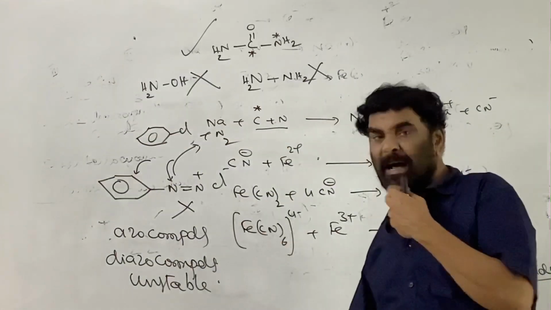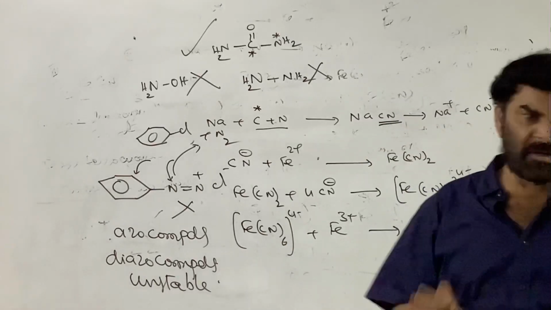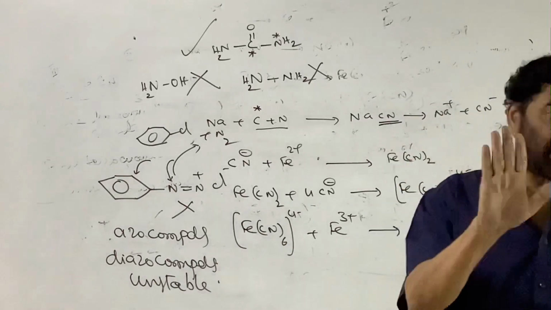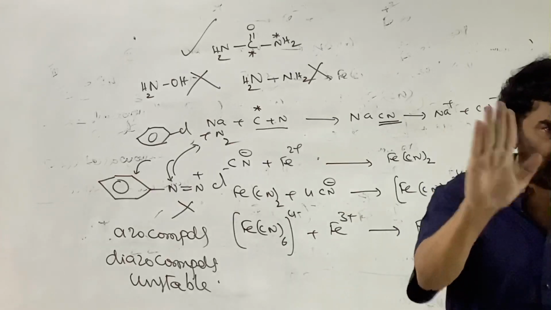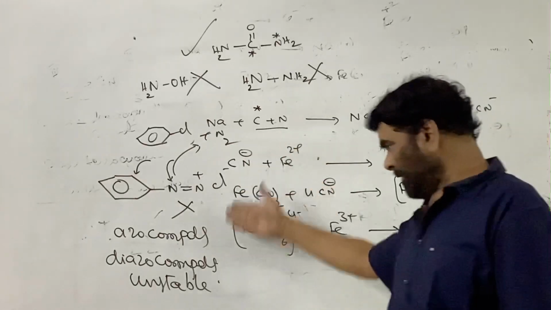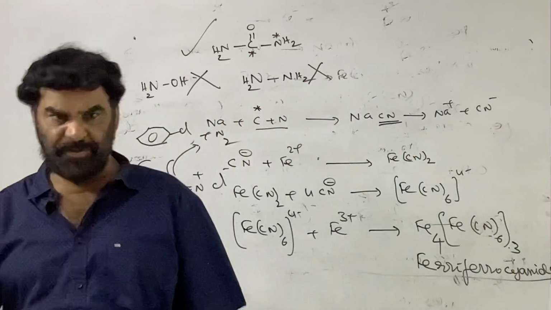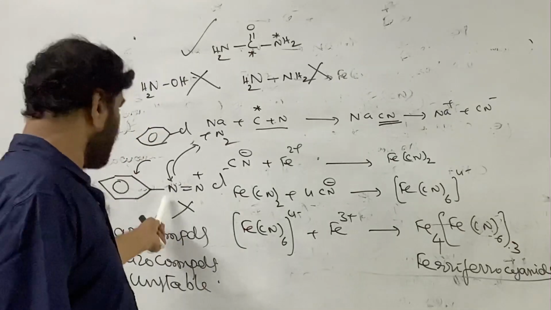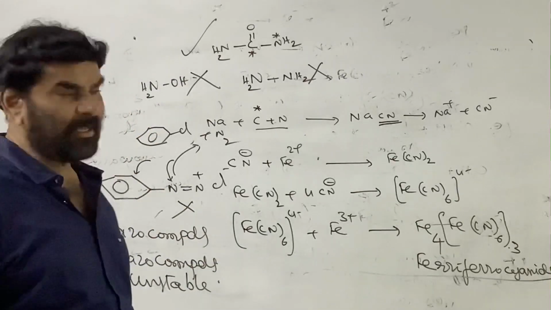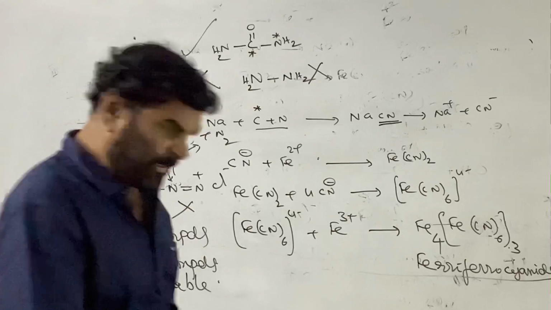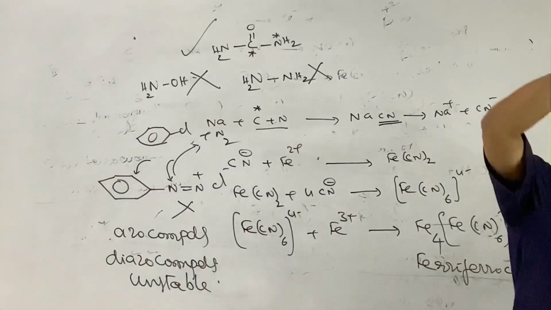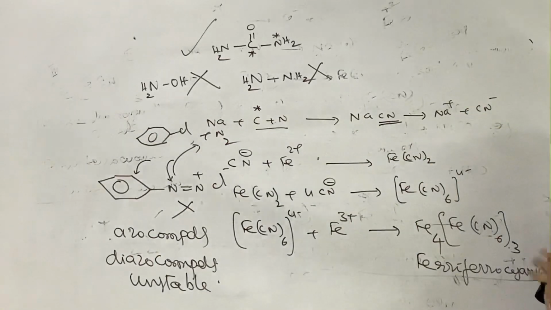So remember, azo compounds and diazo compounds are nitrogen containing compounds, but they do not give the Lassaigne's test for nitrogen because they undergo decomposition. Nitrogen gas is liberated and escapes, so cyanide is not formed.